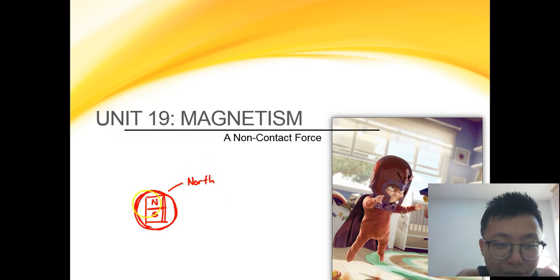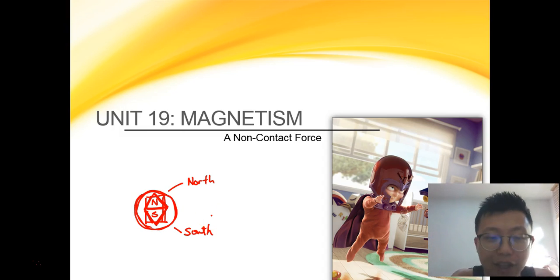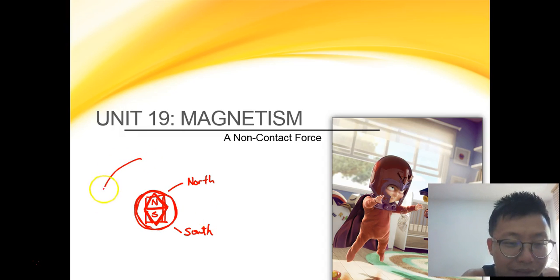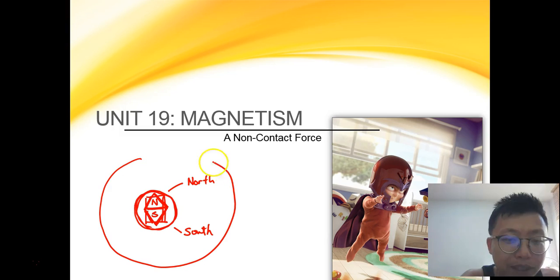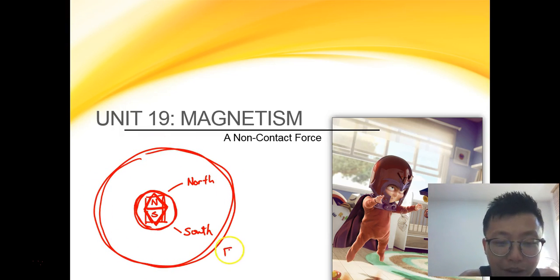That means whenever this compass needle is pointing, it is the north, and whenever the other end is pointing is our south. So we decided to name it like this. But if you think about it, this bigger circle that I'm drawing is the Earth, the planet Earth.